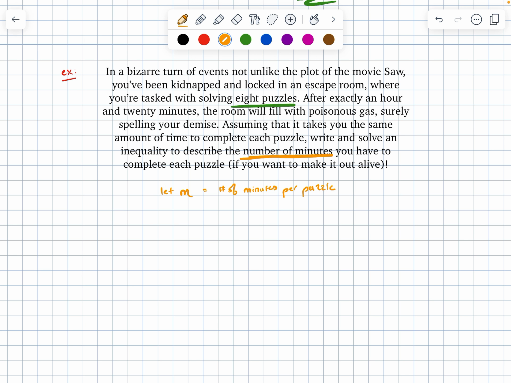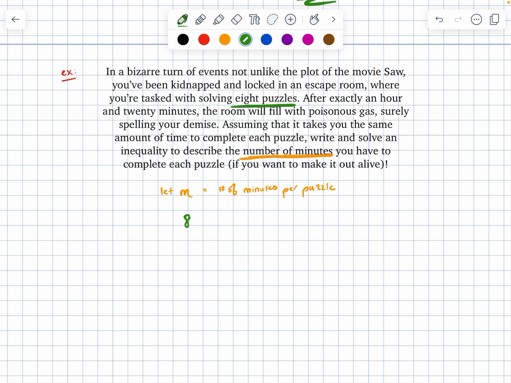Let's build our inequality. So I've got 8 puzzles in total, and I know that it takes me m minutes to solve each puzzle. So the amount of time that it would take me to solve all the puzzles, well, how would I represent that? I've got 8 puzzles to solve and m minutes per puzzle. How would I represent the amount of time it takes me to solve all 8? Well, hopefully think back to the kind of stuff we did in Unit 1.